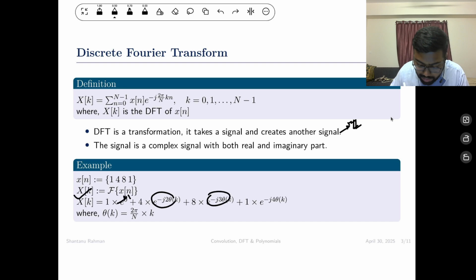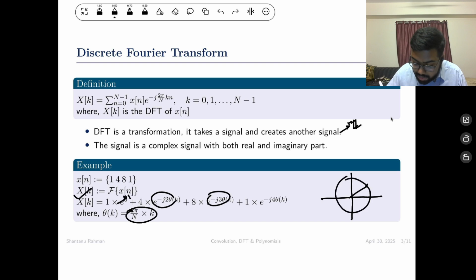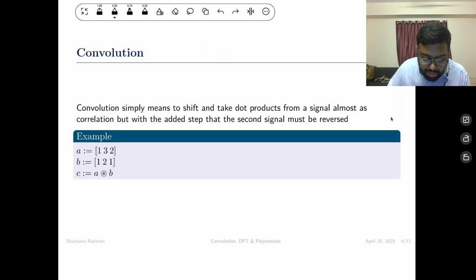So 1, 4, 8, 1 with e to the power of minus j times theta, where theta is this expression. Although it seems a little bit archaic, what it is actually doing is just taking the roots around the unit circle in the complex plane. This is something that can be done in detail while learning about the discrete Fourier transform, but this is not the scope of our lecture. Our lecture will go first to convolution.